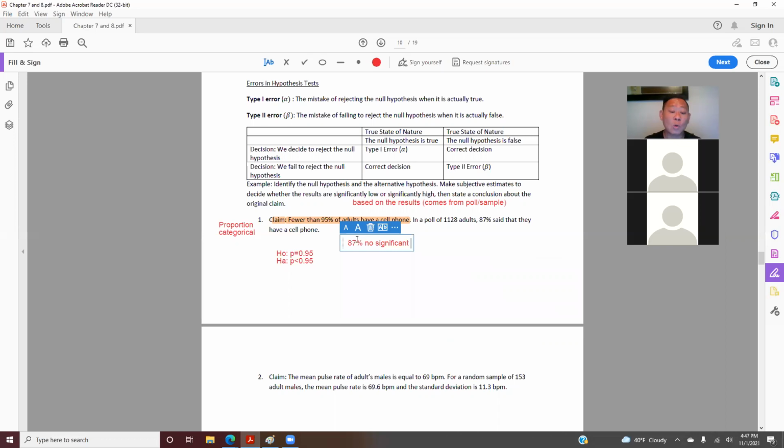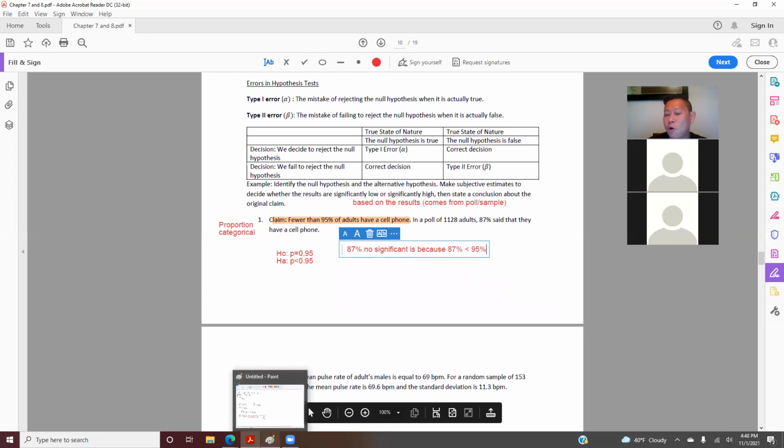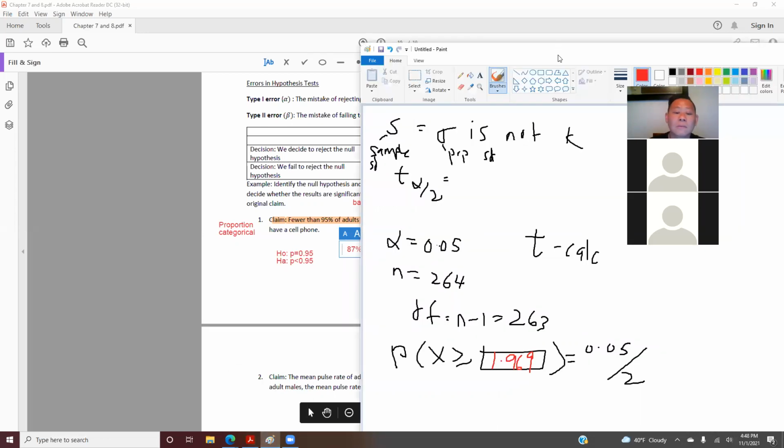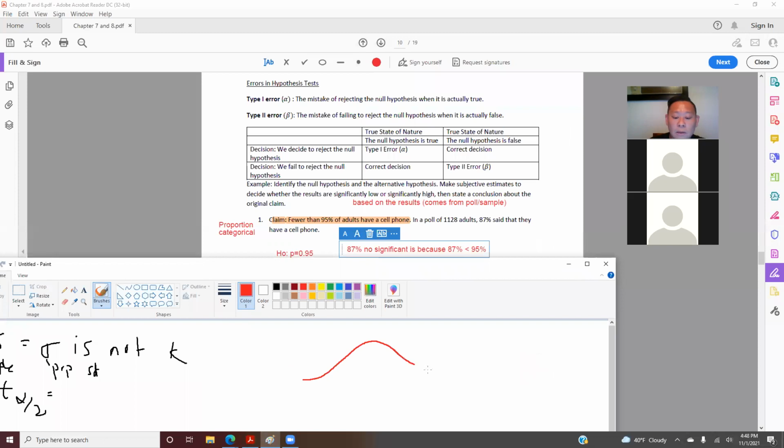The reason why this is no significant is because 87% is less than 95%. So that's why we call it no significant. If I draw the picture in this case, 95% is here, and less than means here.